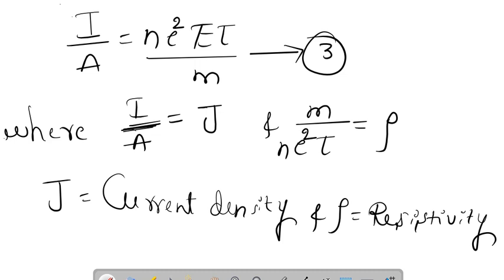If you substitute these in equation number 3, we will get J is equal to 1 by rho into E.